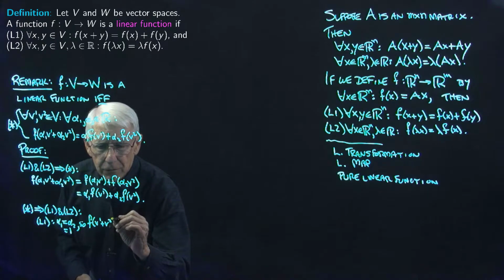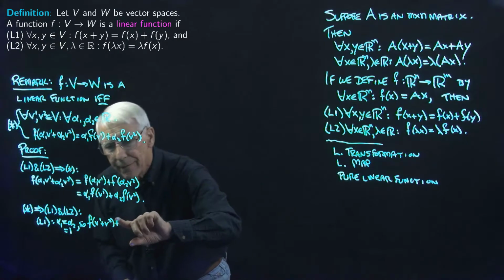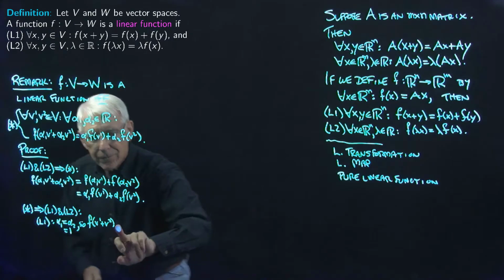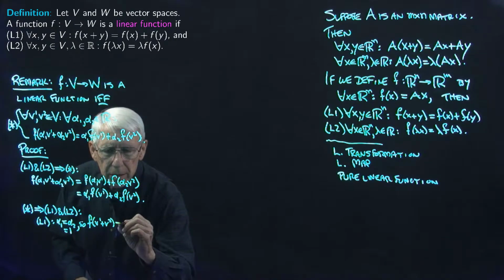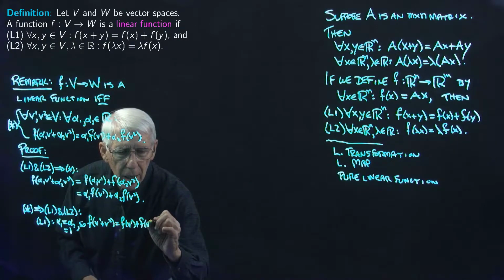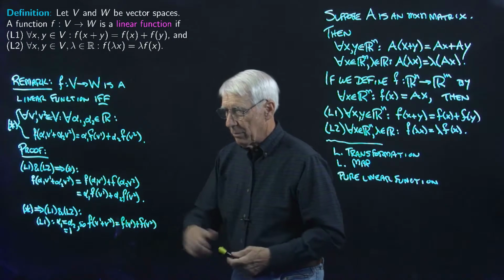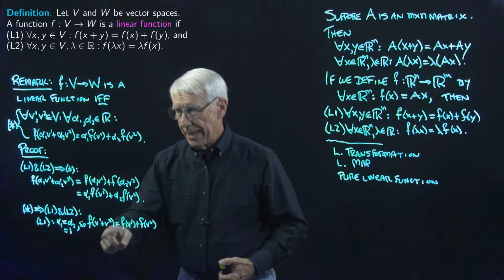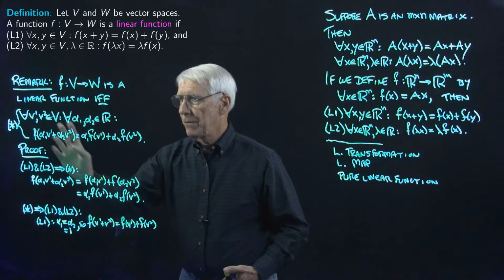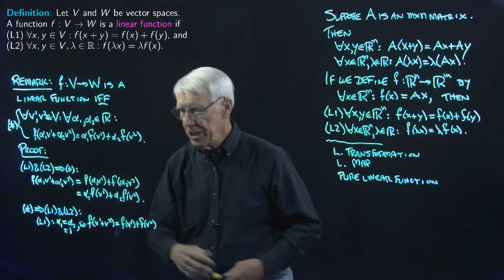And so we have f of v1 plus v2 equals f of v1 plus f of v2. So we've established L1, that the f of the sum of v1 and v2 is the sum of the images.